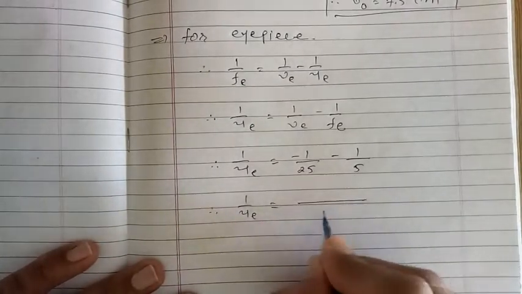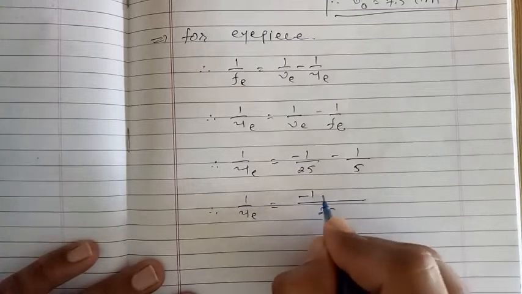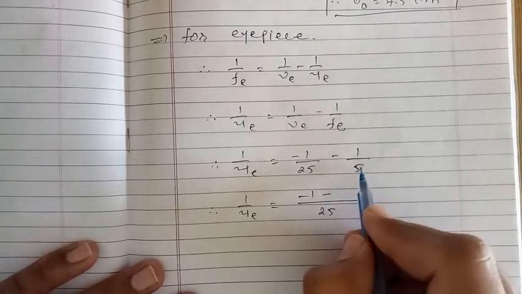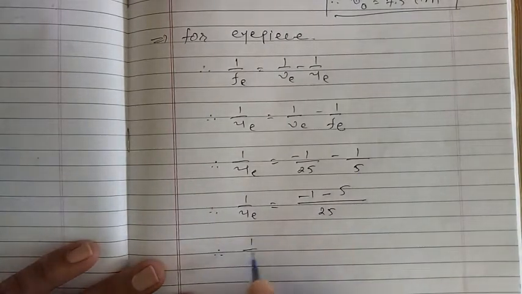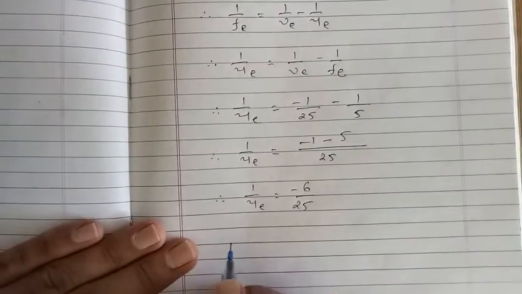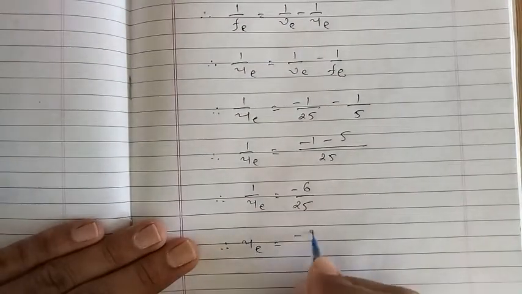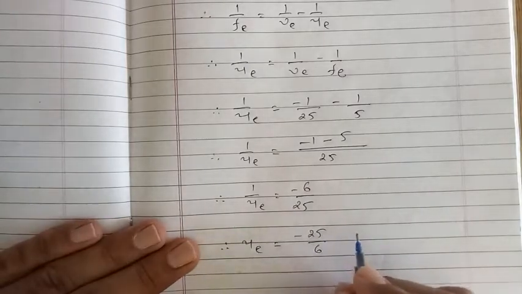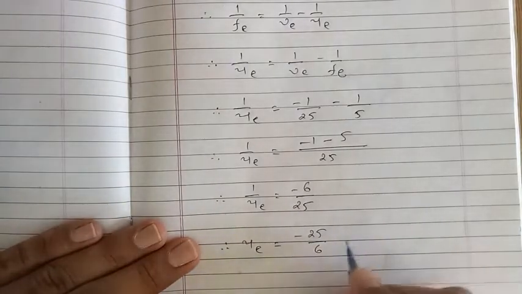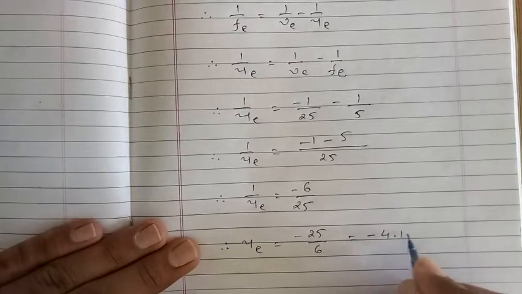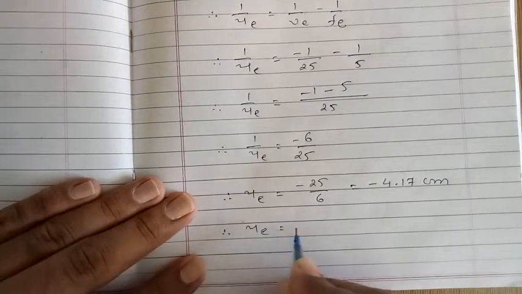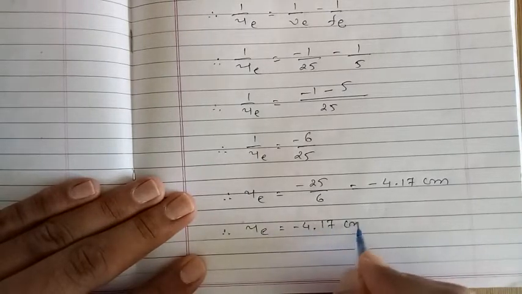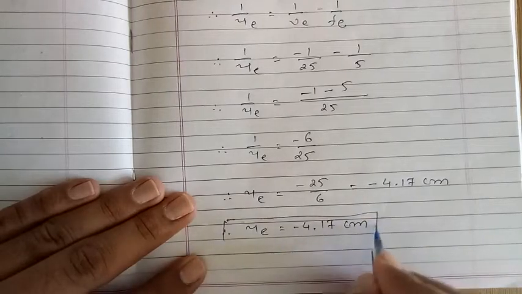So 25 LCM minus 1 minus here 5, so 5 into 5 25, so 5. So 1 upon UE is equals to minus 6 upon 25. So UE is equals to minus 25 by 6. So we get UE is equals to minus 4.17 centimeter.